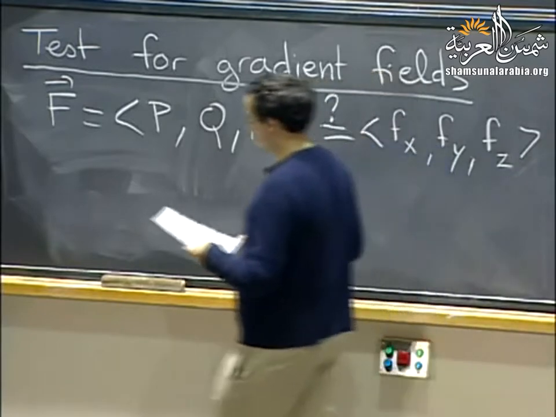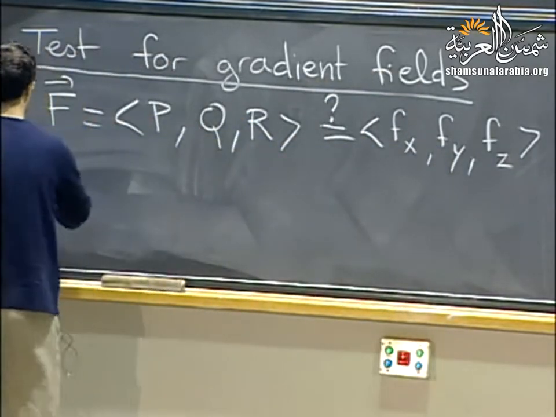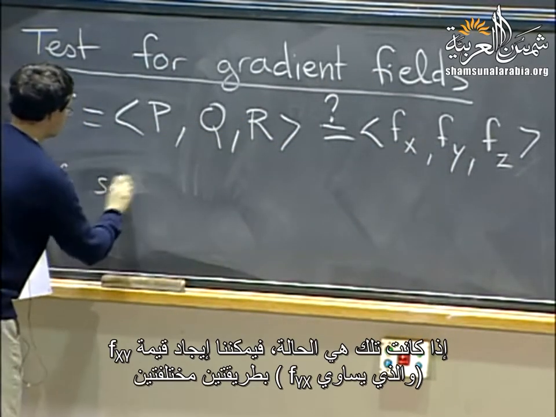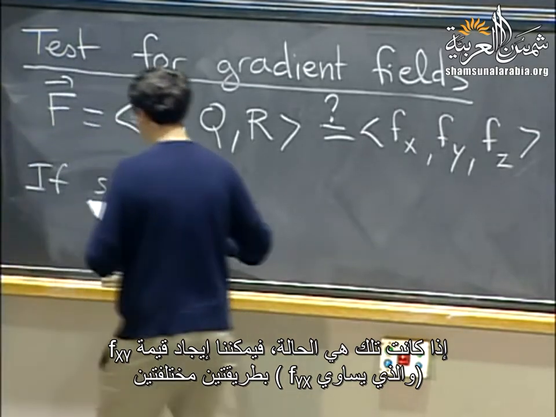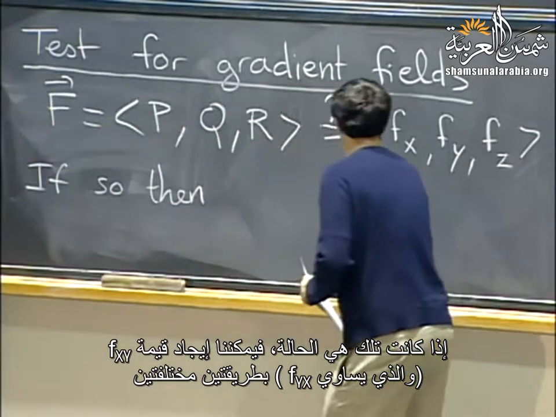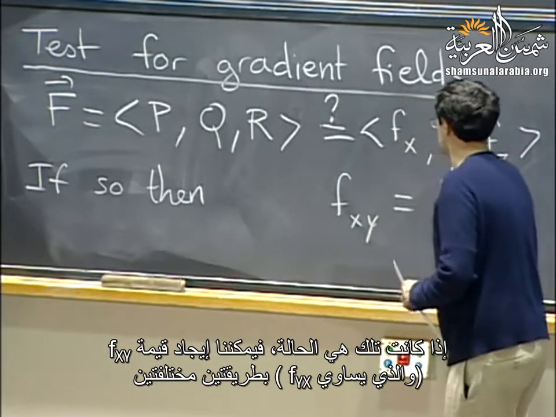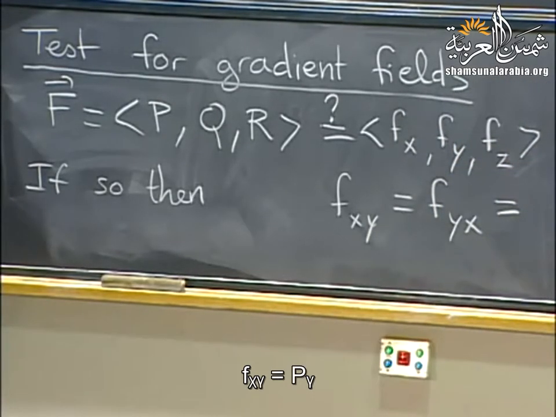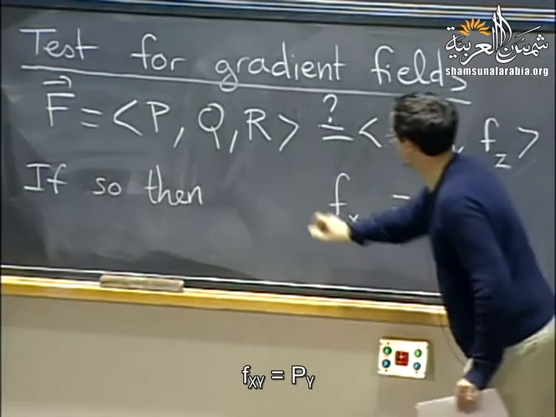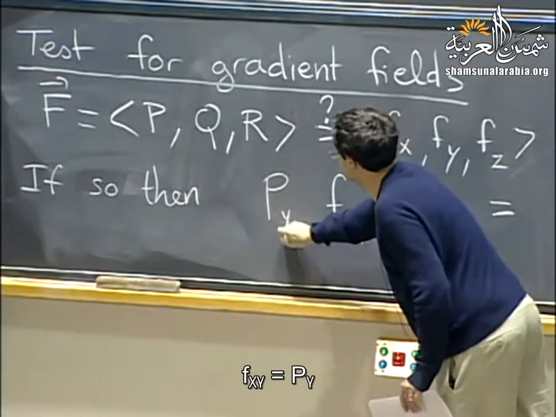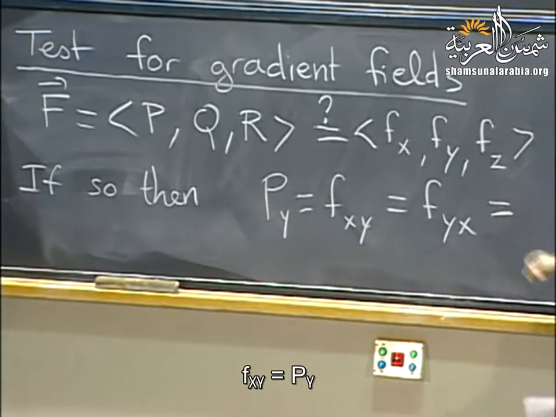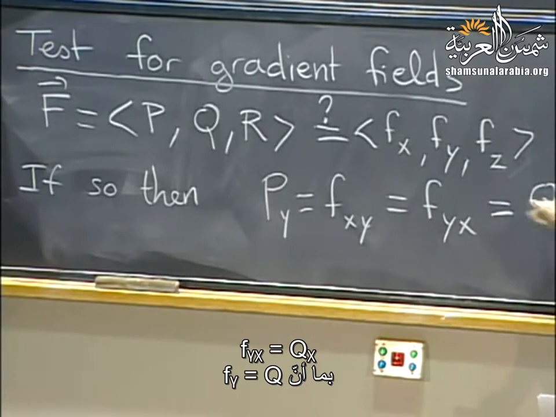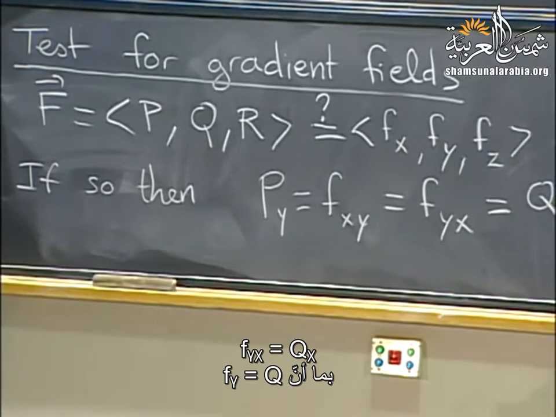So if that's the case, then I can compute f sub xy, which is the same as f sub yx, in two different ways. Right? f sub xy should be P sub y. f sub yx, well, since f sub y is Q, that should be Q sub x.